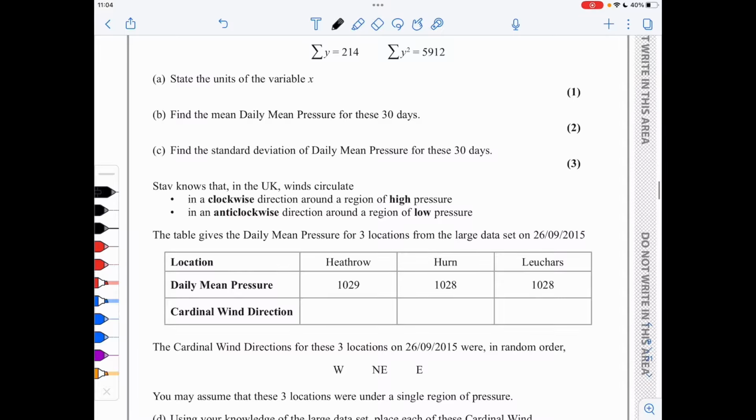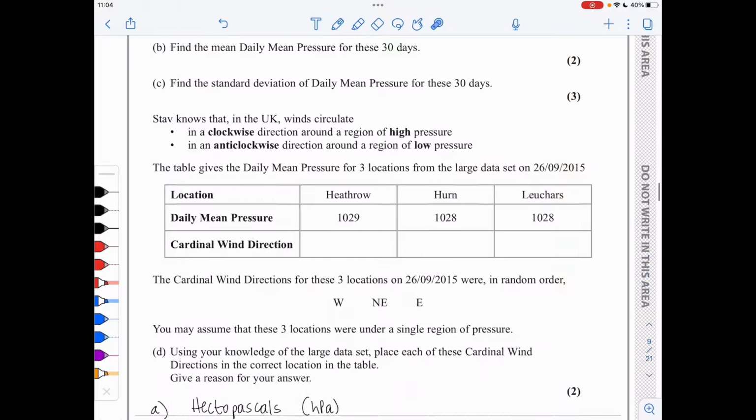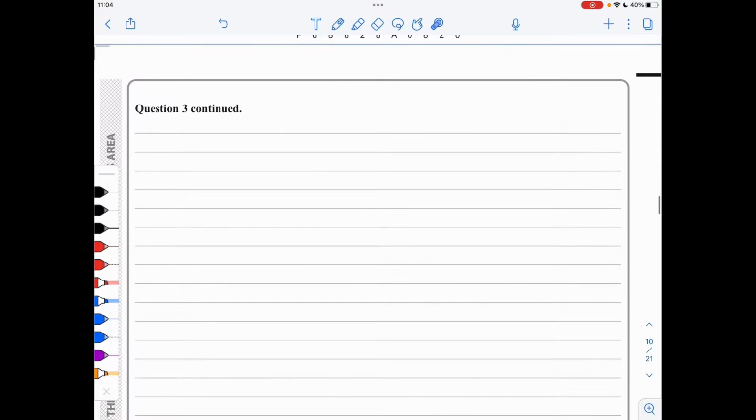In C, we need to find the standard deviation of daily mean pressure for these 30 days. So what we need to do here is start by calculating the standard deviation for the coded variable y. So sigma y is the square root of the sum of y squared over n minus the sum of y over n all squared.